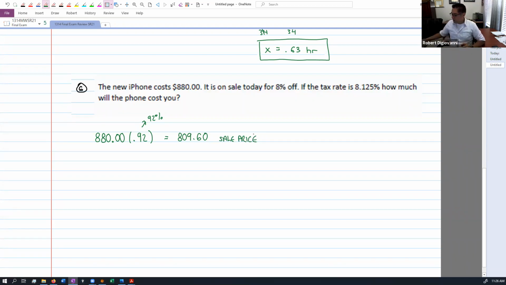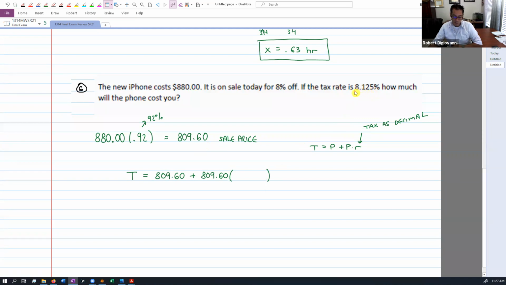So now I'm going to use a formula that looks like this. The total is the price plus the price times the tax rate R, where R is the tax as a decimal. Which means the total we're going to pay is going to be the 809.60, that's the sale price, plus that 809.60 times the tax rate, which is 8.125% converted to a decimal.